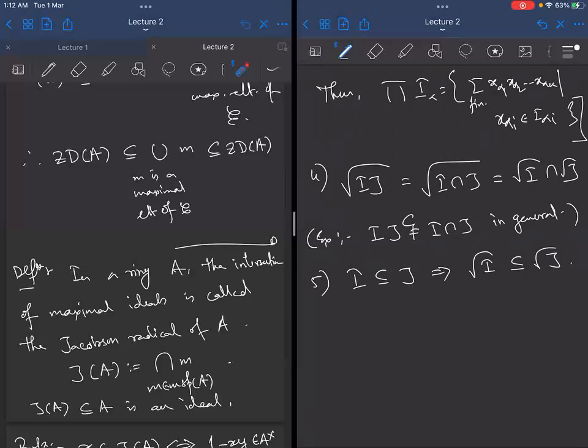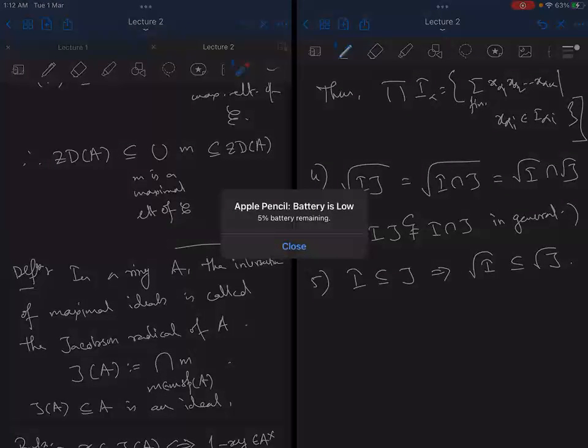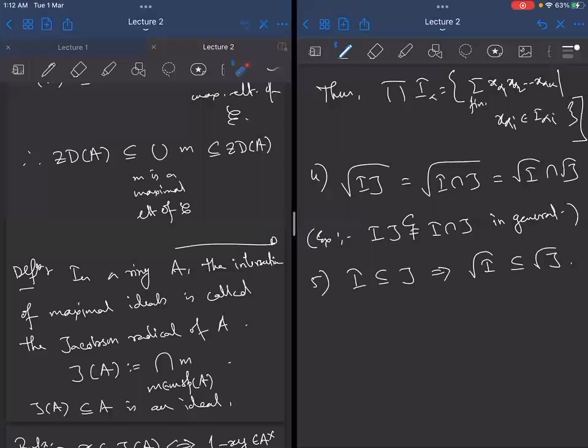Using this, one implication of 4 is clear: IJ is a subset of I intersection J, and therefore radical of IJ is a subset of radical of I intersection J. For the converse, if you take some x from radical of I intersection J, then some x power n belongs to both I and J. But then x to the power 2n belongs to IJ, and thus x belongs to radical of IJ.